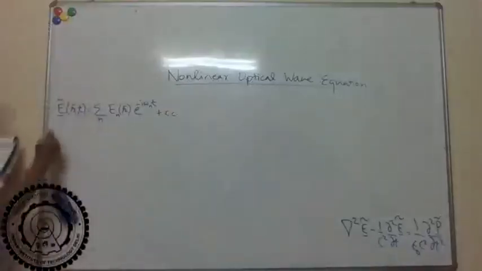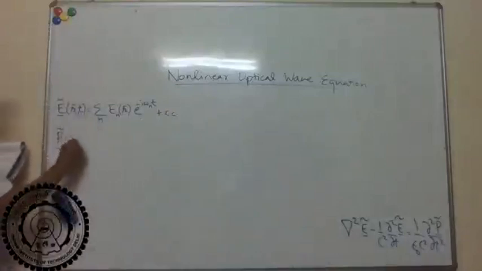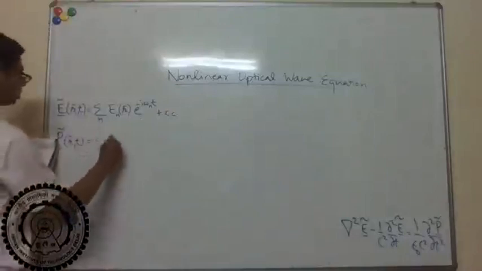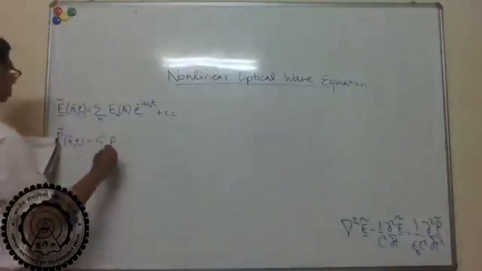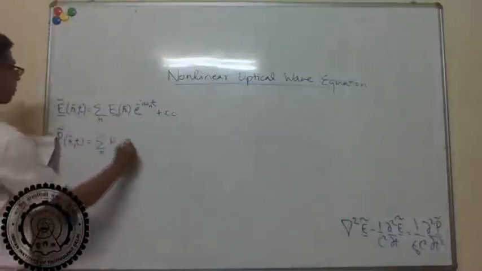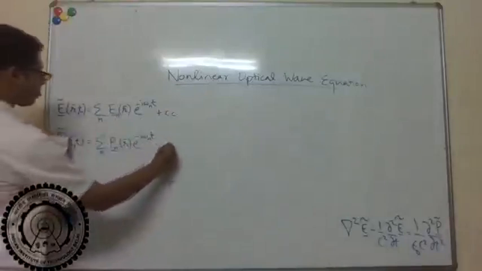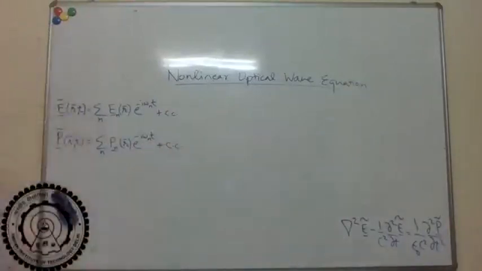Okay, and similarly, the polarization induced in the medium also I can write like this. So this is a vector now.